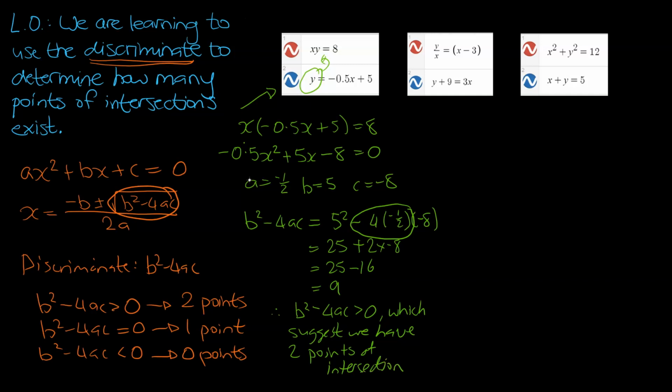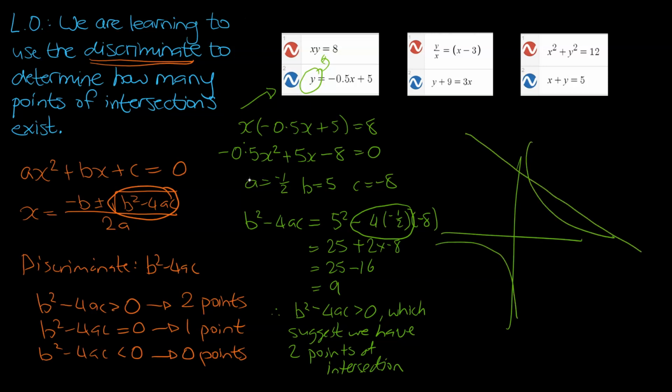That is how we mathematically justified it. And if you were curious about that graph, it was a hyperbola, so it looked a bit like this, and it had a straight line that ran through this area, and those were the 2 points of intersection that we've confirmed.